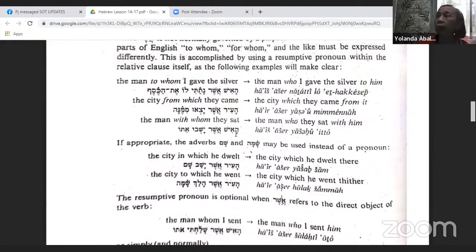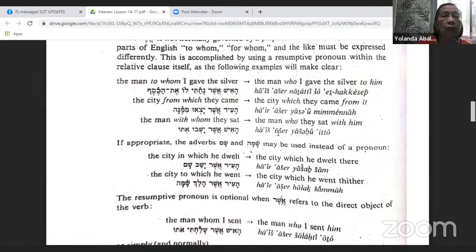Then we have Ish, Asher, Yashbu, Itu. Haish, the man, Asher with whom, Yashbu. They sat, Oto, him.